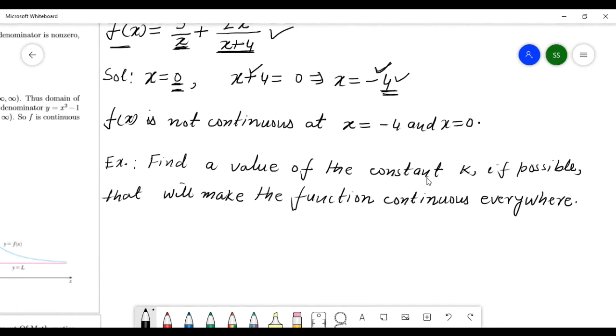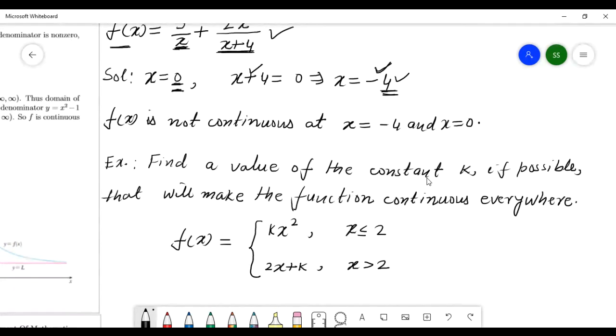Function is this here. I take function this: kx square, here x less than or equal to 2, and 2x plus k, here x greater than 2. Okay.